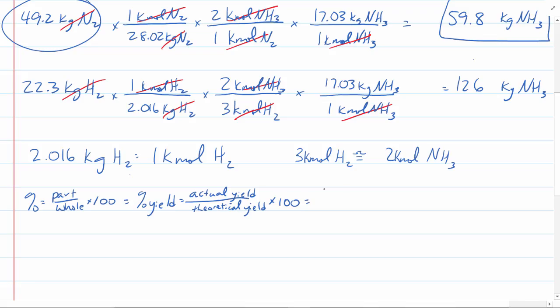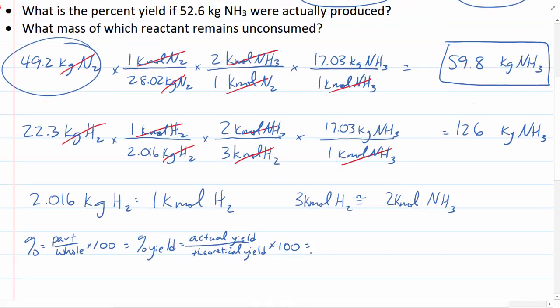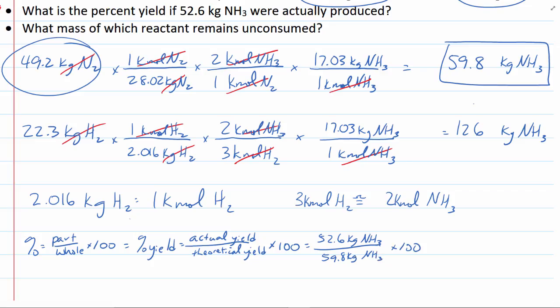At this point then, we would take the actual yield, which in this case is the 52.6 kilograms of NH3. We divide it by the theoretical yield, which is the 59.8 kilograms of NH3. We take that result, multiply by 100.